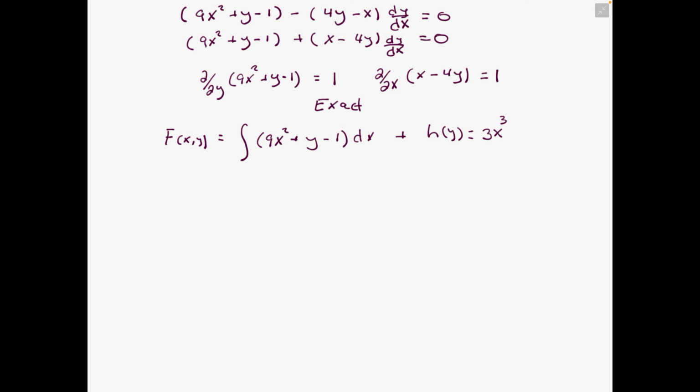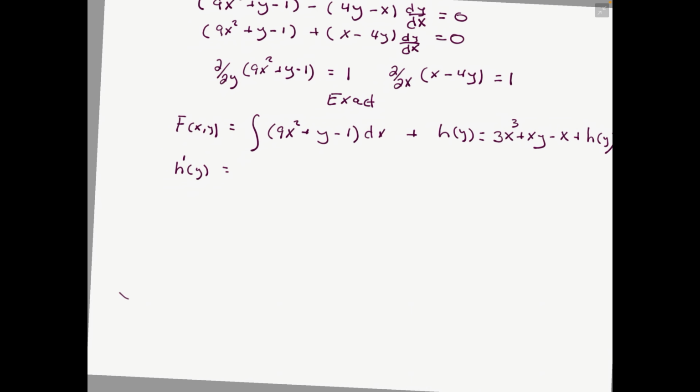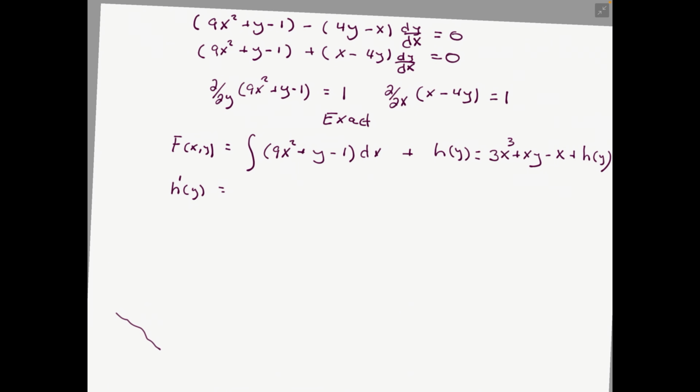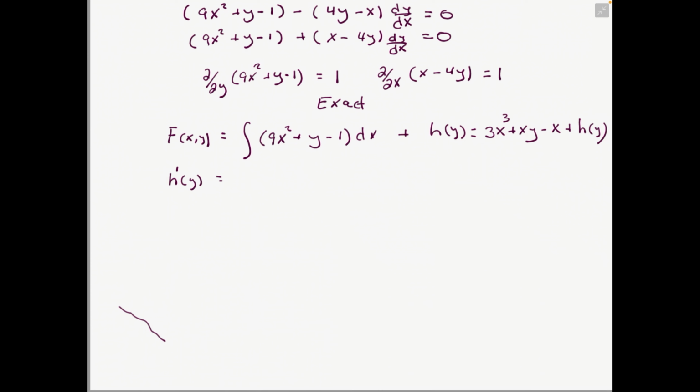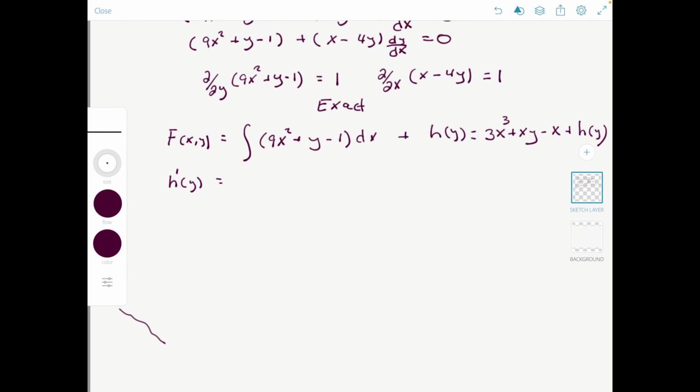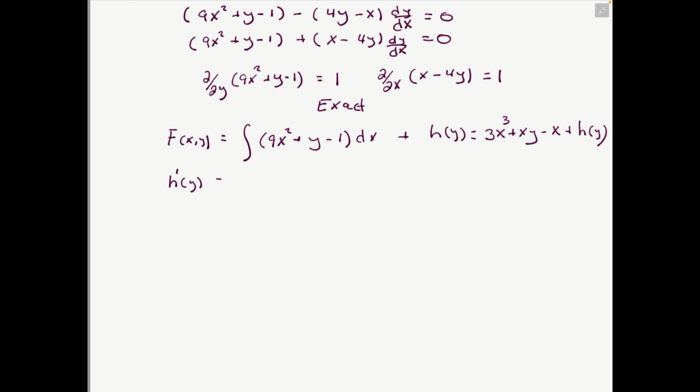We can say that f of x and y is given by the integral of 9x squared plus y minus 1 dx plus h of y. And this is equal to 3x cubed plus xy minus x plus h of y. Now all we have to do is solve for h of y.